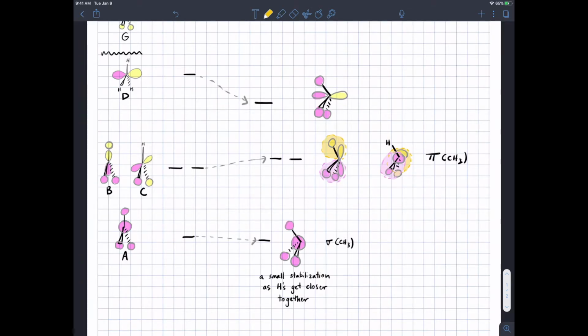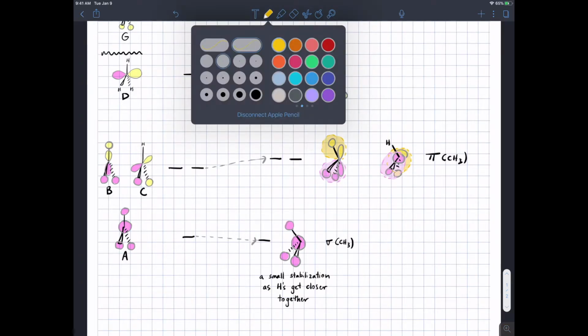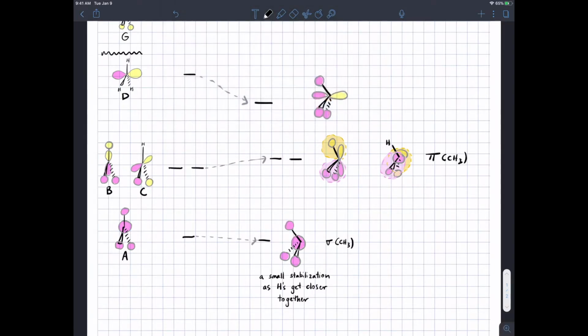We're going to call this one that we've just drawn, let's see, I need to change color, sigma out, because unlike the sigma CH3, it has a lobe that projects out into the space between the two carbon atoms. All right? So we'll call that sigma out.